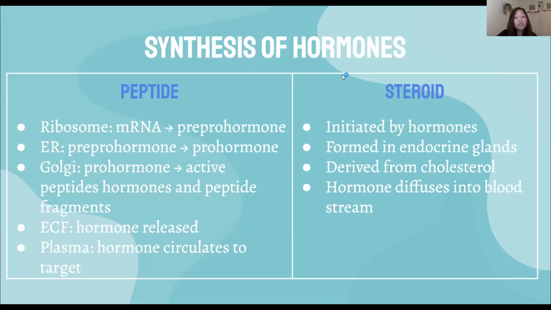Then it moves to the Golgi, where it is cleaved once again into active peptide hormones and peptide fragments. Then in the ECF, it can be released and leads into the plasma where the hormone circulates to its target. Whereas for the steroid, it's initiated by hormones and it's formed in endocrine glands. It's derived from cholesterol, and the hormone diffuses into the bloodstream.